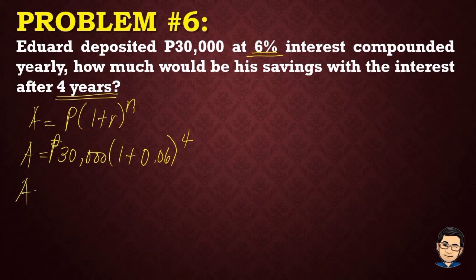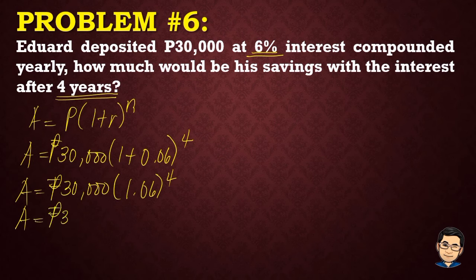Then A is equal to 30,000 times the quantity of 1 plus 0.06, so magiging 1.06 raised to the 4th power. And then A is equal to 30,000 times 1.06 raised to the 4th power.